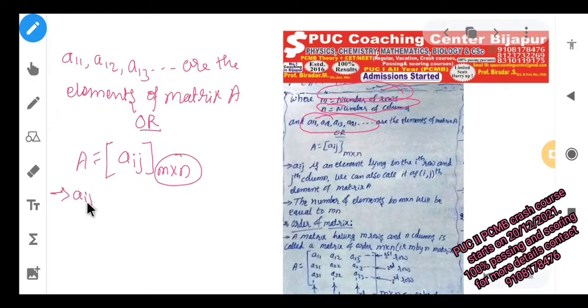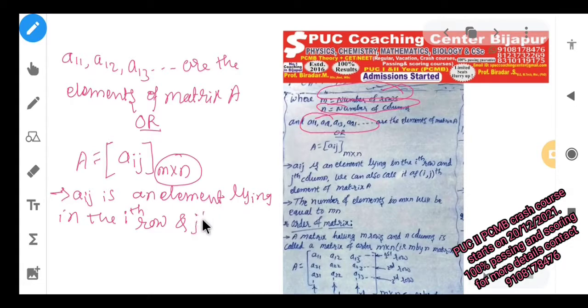So small aij is an element lying in the ith row and the jth column.